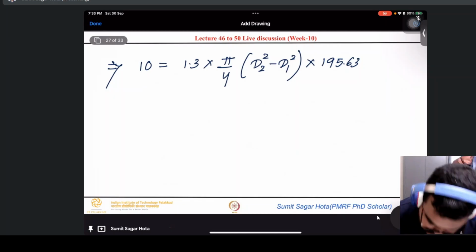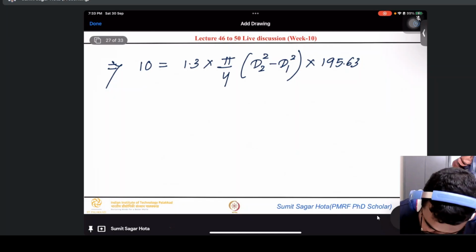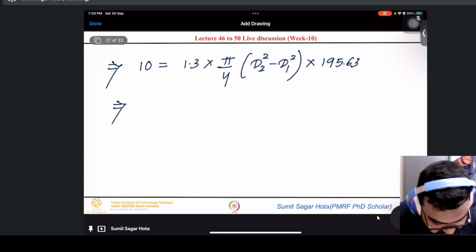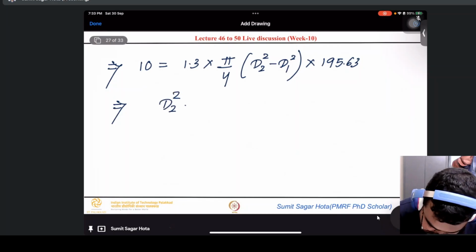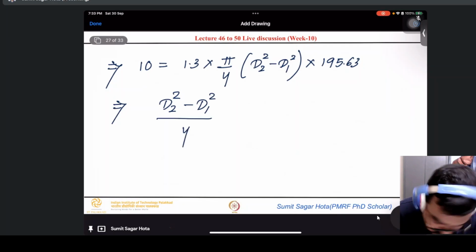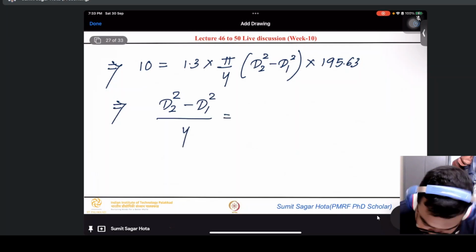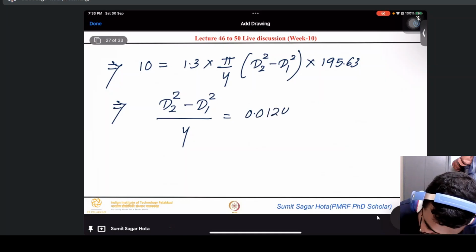Make it in a very crucial form like this: d2 square minus d1 square divided by 4 is equal to 0.01245.